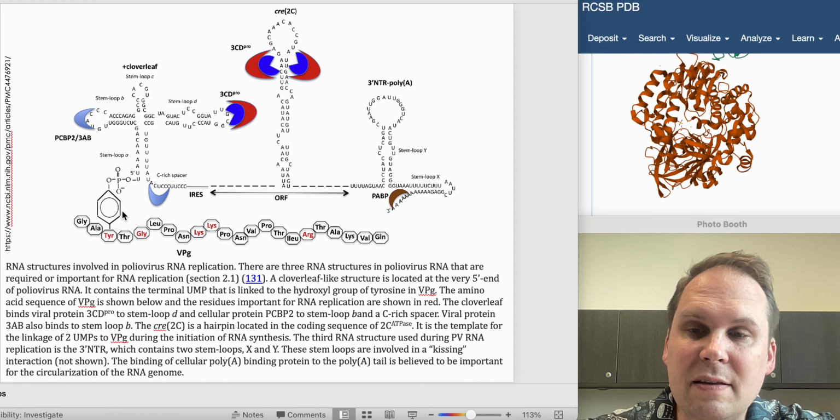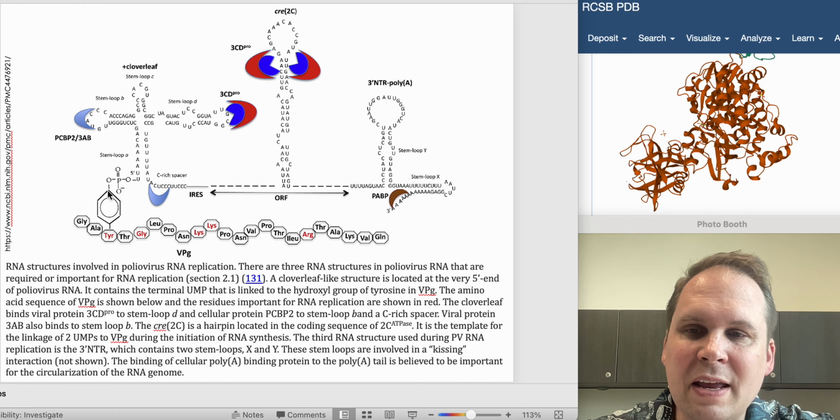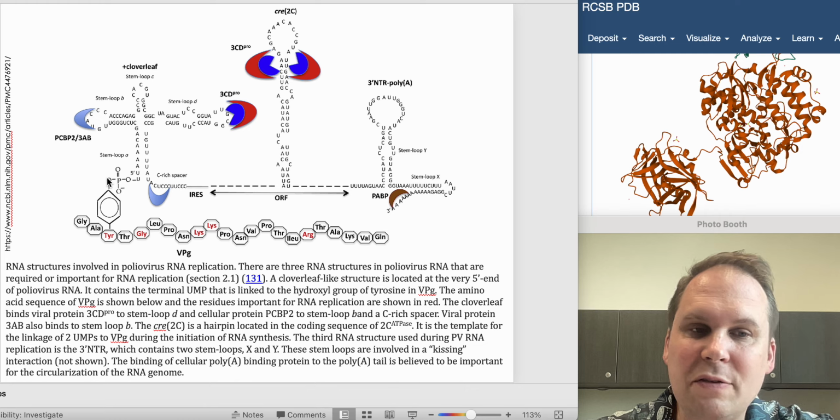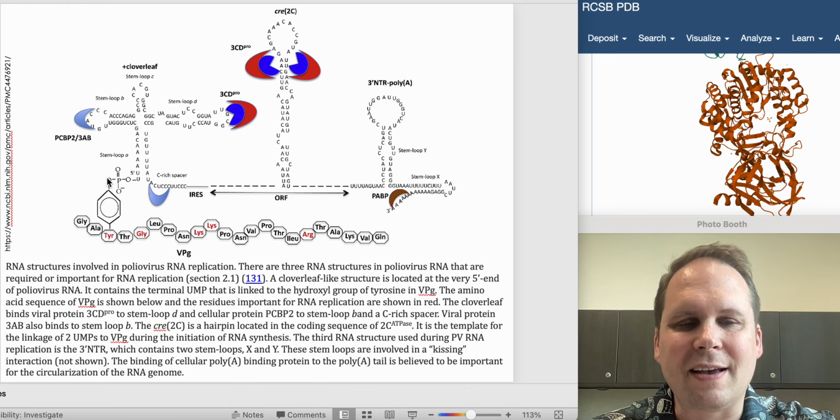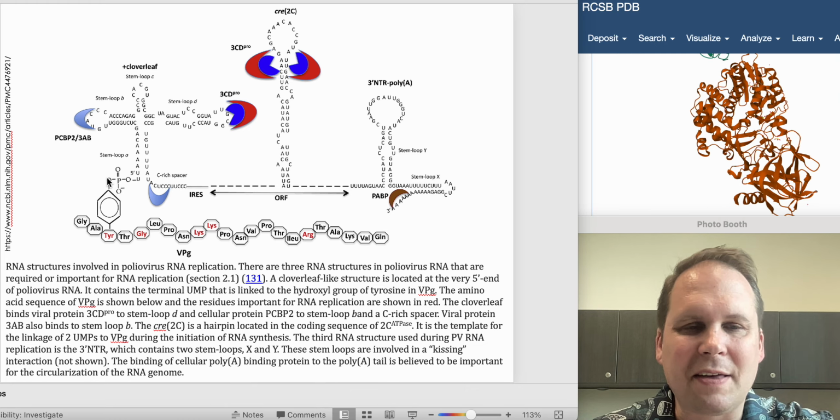Tyrosine has a nice little aromatic ring here, and at the end of the ring there's going to be a hydroxyl, an OH group. And when we're adding nucleotides to other nucleotides, remember we always add them at the 3' hydroxyl. That's where we join the 5' phosphate on. And so the 3CD polymerase. So 3D can't do this on its own. It's got to have its friend 3C along.